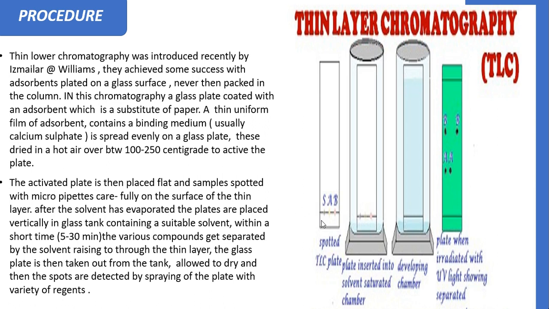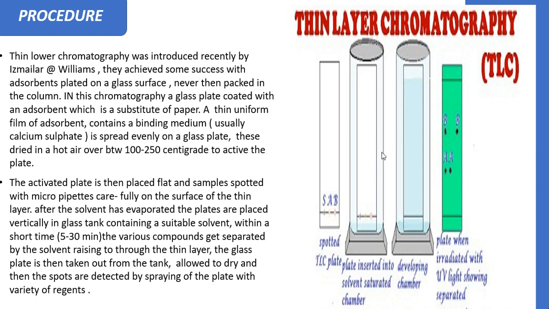After the samples are dried, the plate is kept in the chromatography chamber containing the solvent. As usual you run the chamber, but here the running time is only 5 to 30 minutes, whereas in paper chromatography it is about 6 to 8 hours or even more. That's a major advantage, where we can separate more samples in less time.